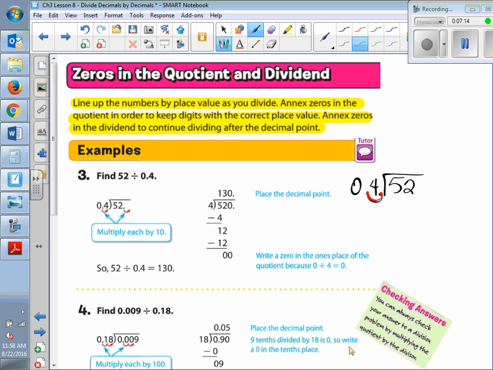Where is the decimal in the dividend right now? It's at the end, right? It's all the way right here. So I have to move it 1 time to the right, because how many times did I move it in the divisor? Once. So that means I have to move it the same number of times in the dividend.